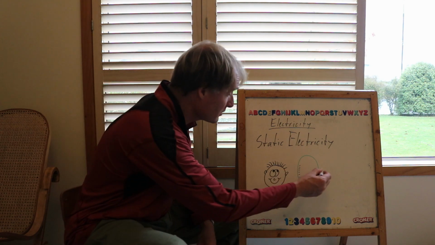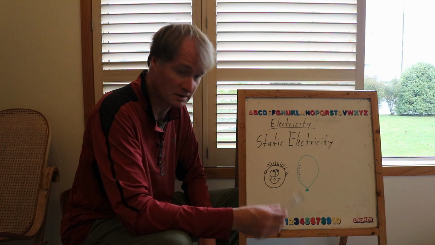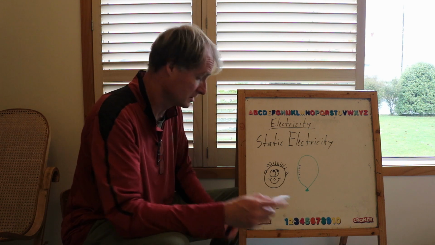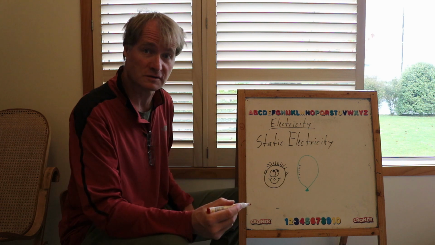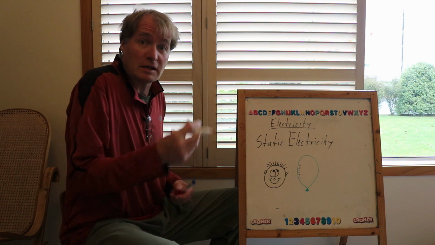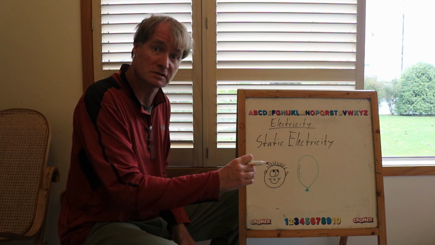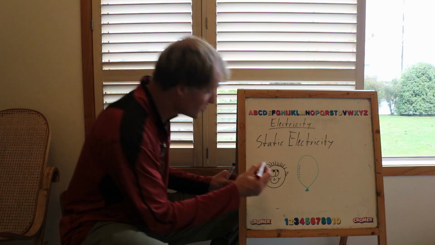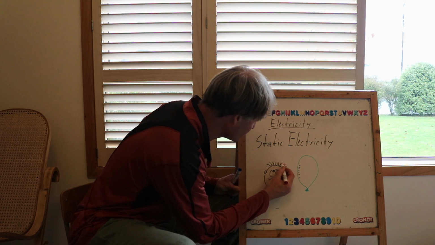They can't move to the other side of the balloon because it's all made of rubber, and rubber is an insulator, as I just explained. Now my hair has lost electrons. That means each atom that makes up my hair now has more protons, positively charged particles, than it has electrons. So overall, my hair now has a positive charge.